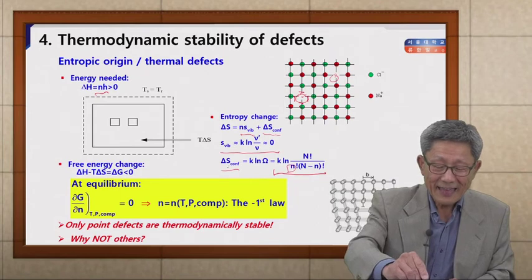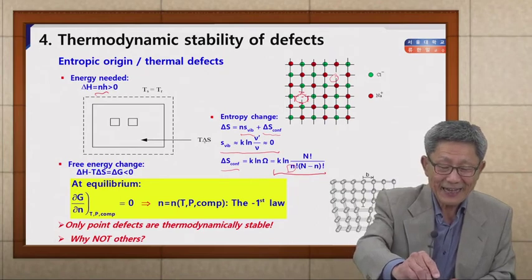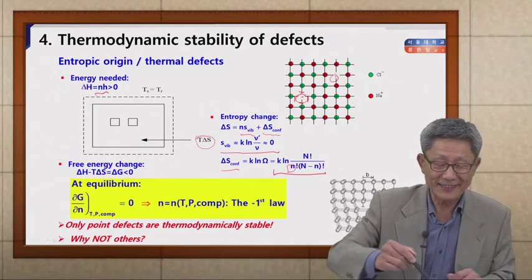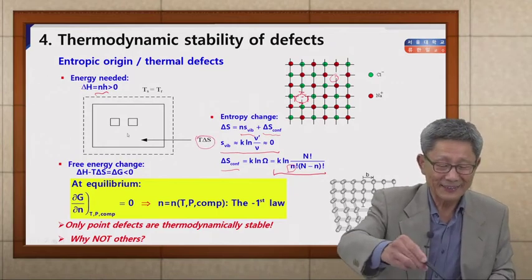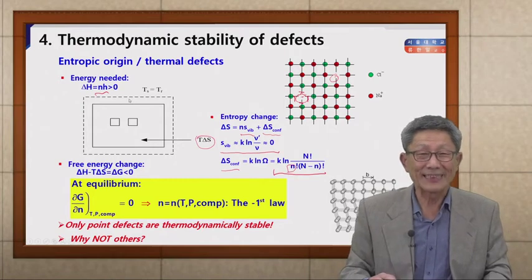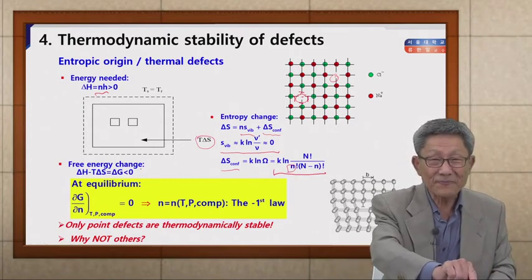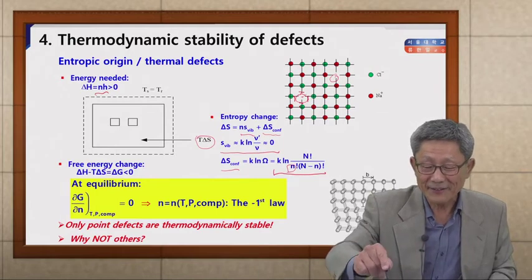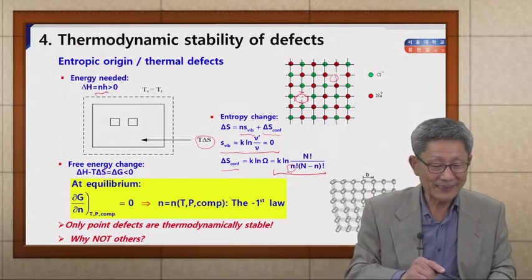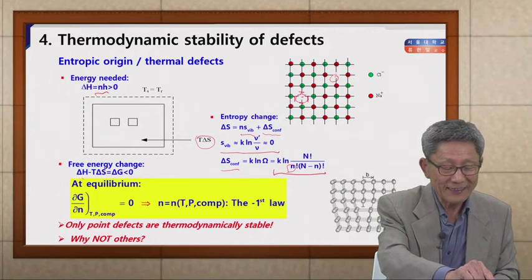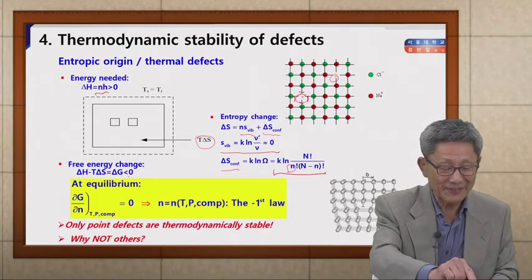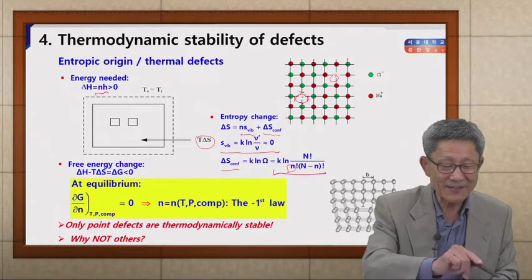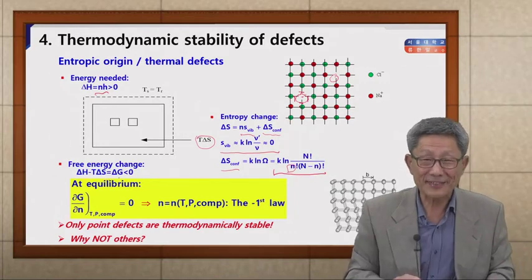So this entropy times temperature corresponds to an energy, which is introduced to your system, but in a negative way. Therefore, the total free energy change of your system upon creating n point defects can be written by this well-known equation, namely delta H minus T delta S equals the Gibbs free energy change.